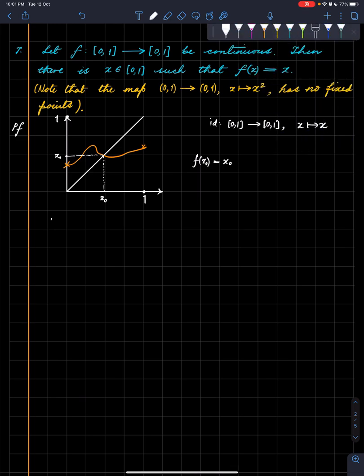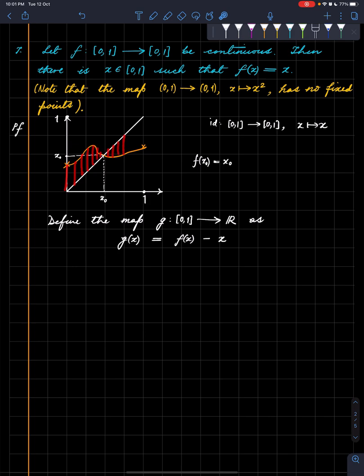Define the map g from the unit interval to the real numbers as g of x equals f of x minus x. So we are only recording this value.